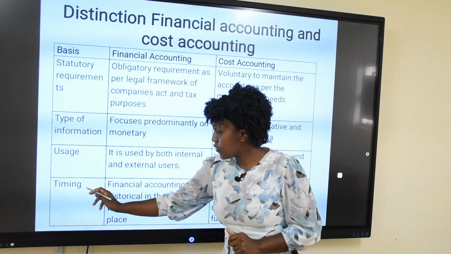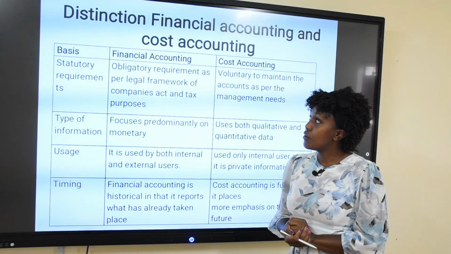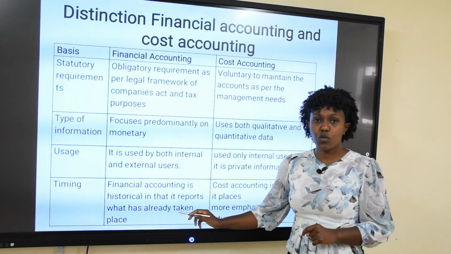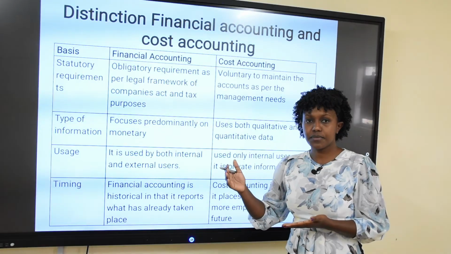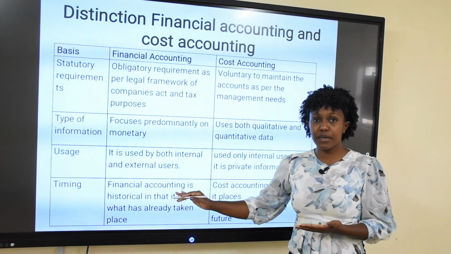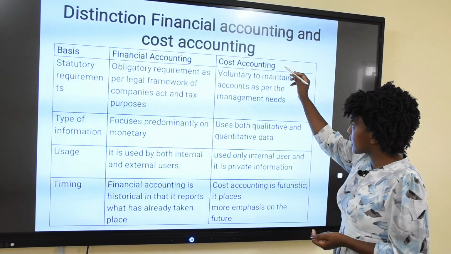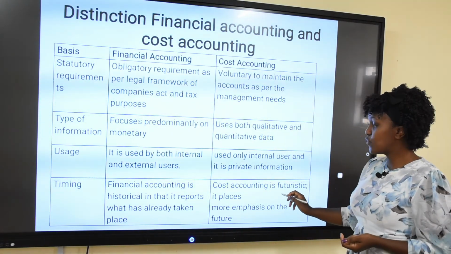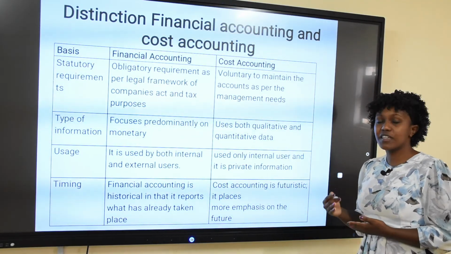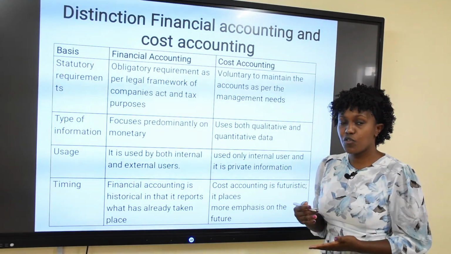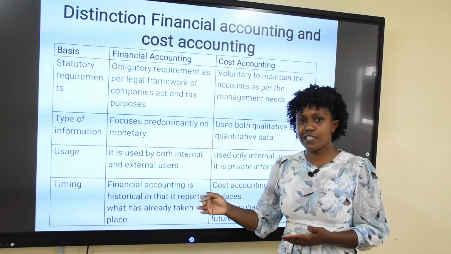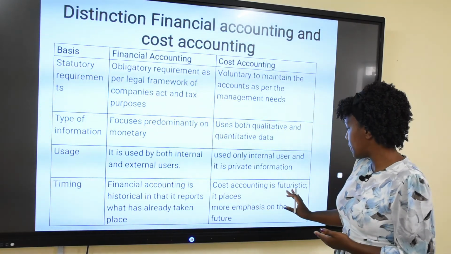Finally, on the timing, financial accounting looks at historical data, what has already occurred. So it focuses on reporting what has already taken place, while cost accounting, on the other hand, is futuristic. It emphasizes the future. So it focuses on planning, budgeting, forecasting, or what will happen in future.